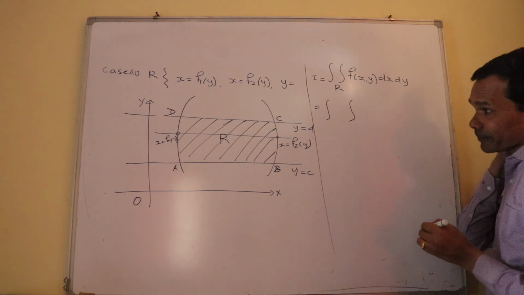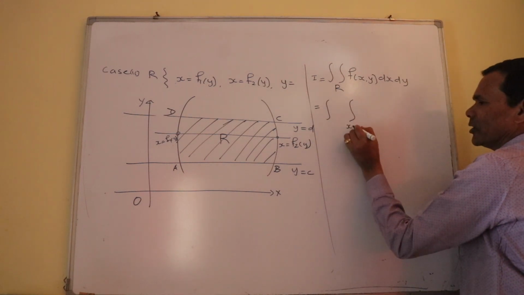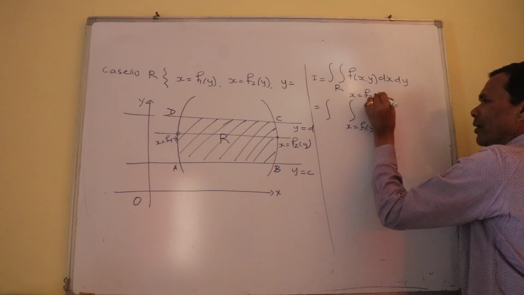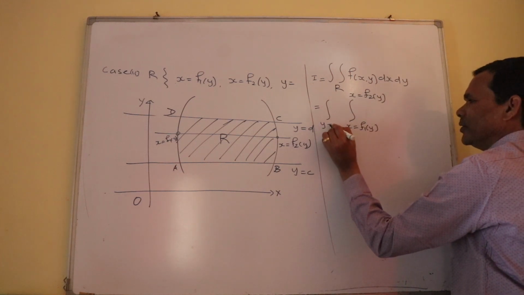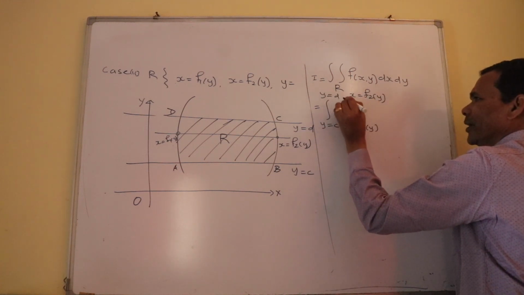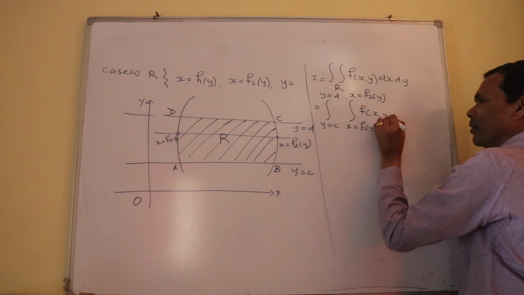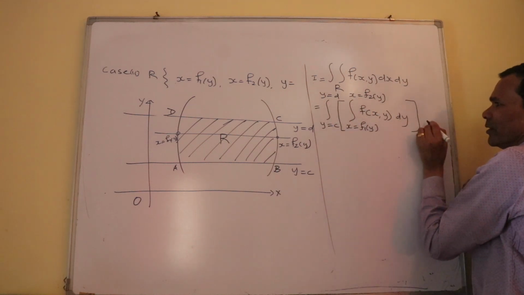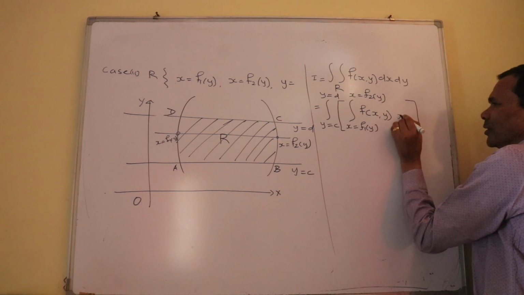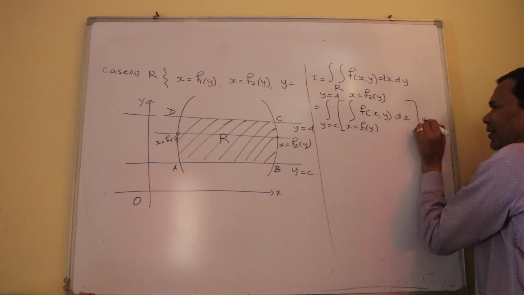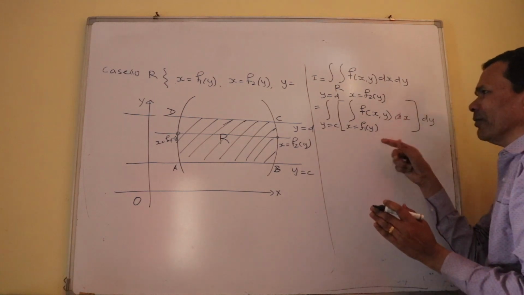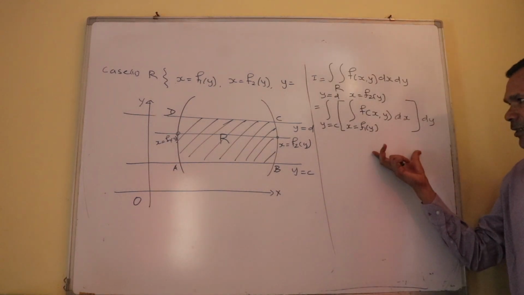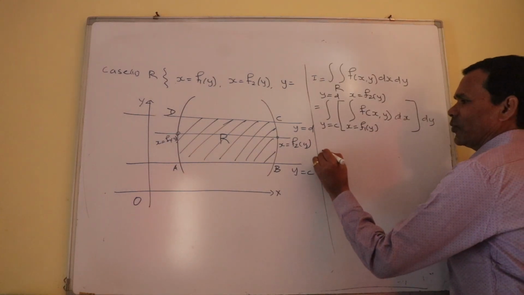Now if you observe this, I insert the limits, x is equal to f1(y), x is equal to f2(y), y is equal to c, y is equal to d, f of x y, and this is to be integrated with respect to x first, meaning dx, and then dy. Because x having variable limits here, x having variable boundaries, we integrate with respect to x first and then with respect to y.